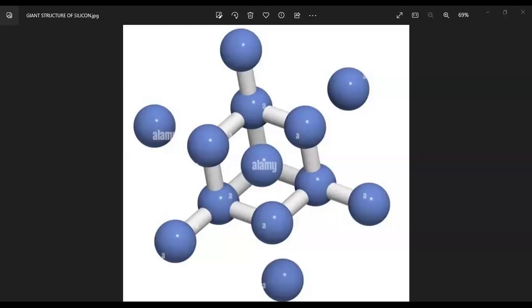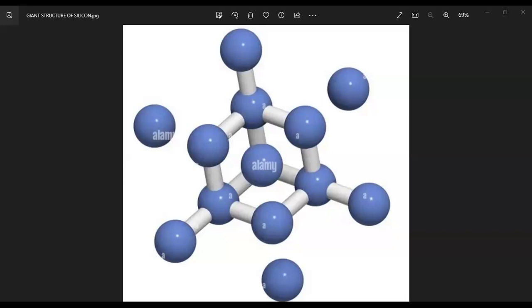So these others are non-metals like phosphorus, sulfur, chlorine. Then argon is a rare gas. So these ones have simple molecular structures.